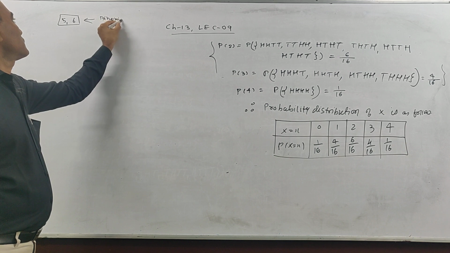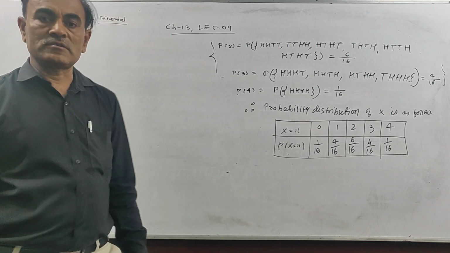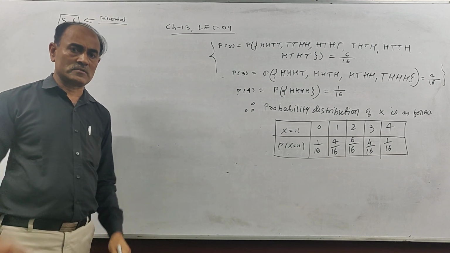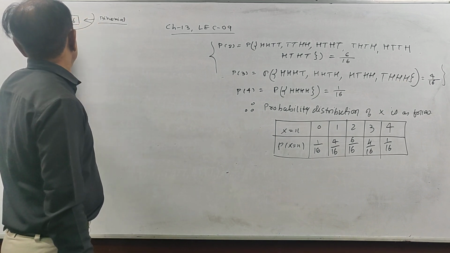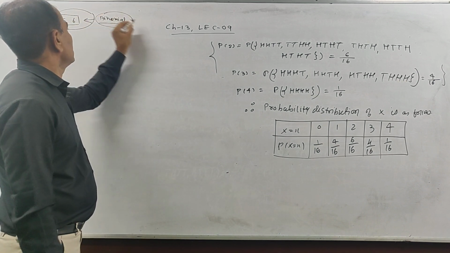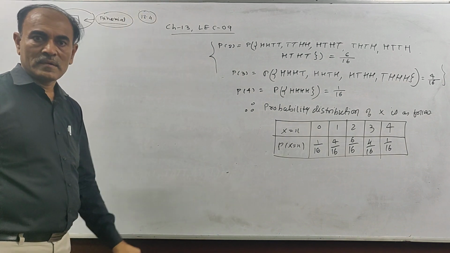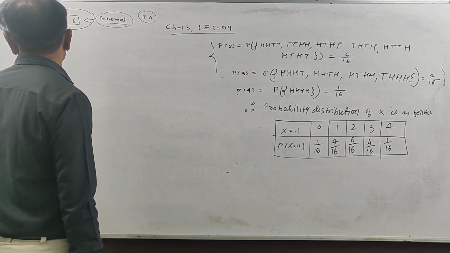That we are going to see after this exercise. Of course we can solve with the help of this method also, but that method is so lengthy. So I would like to solve example number 5 and 6 before exercise 13.4. So let us leave that part for later.